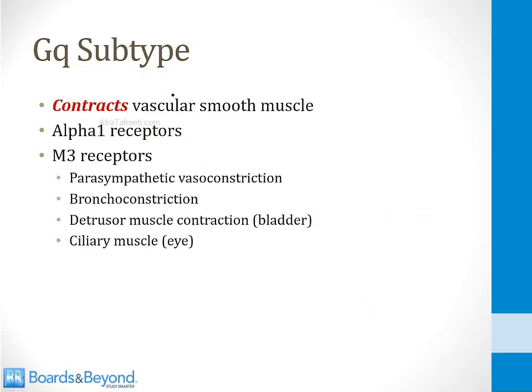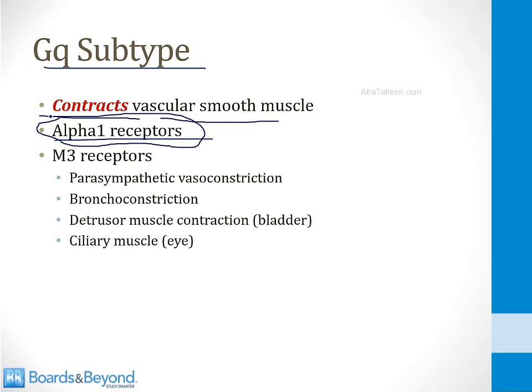In terms of the autonomic nervous system, GQ subtype G protein receptors are found only on vascular smooth muscle where they cause contraction. So they are going to be found associated with any receptor that leads to contraction of vascular smooth muscle. In the sympathetic system, this is the alpha-1 receptors. These are the classic vasoconstrictor receptors of the sympathetic nervous system.